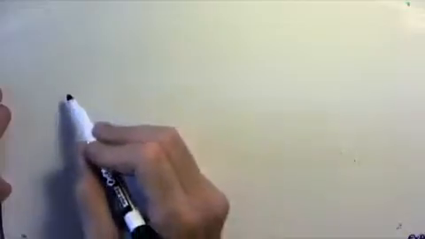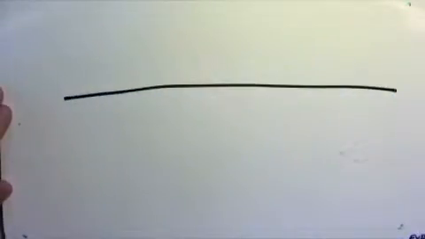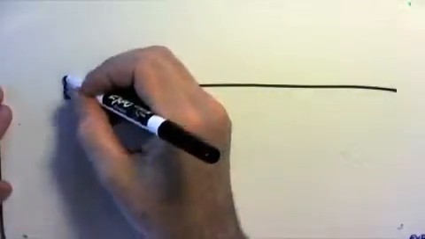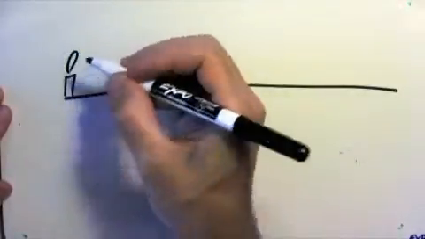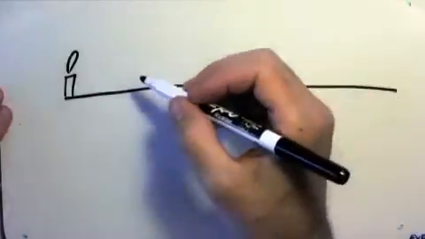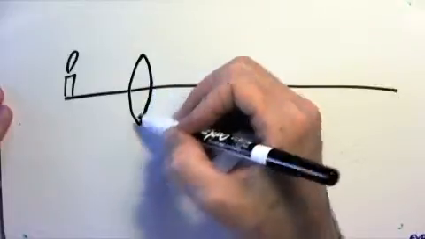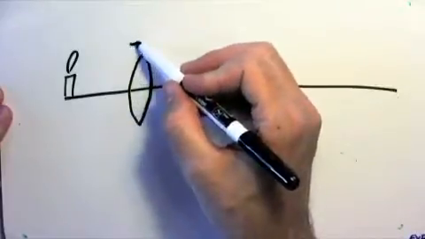And I kind of told the truth and I kind of lied. First of all, let's map out our multiple lens problem. We'll start out with our object, which is a candle. None of these problems work if the object is anything other than a candle. And we have one lens here, and this lens is going to be +6.